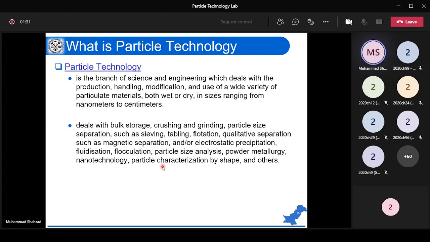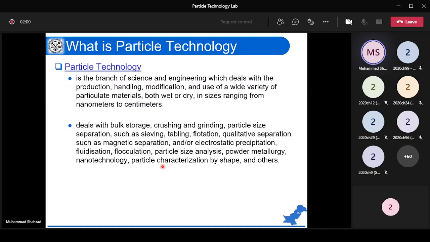So we need to measure all those characteristics of the particle, and we need to know all the techniques which are being used to measure all those properties, right? So being a particle technologist, we should be familiar with all those techniques, and we should have hands-on practice on those techniques to measure all those properties of the particles, right?